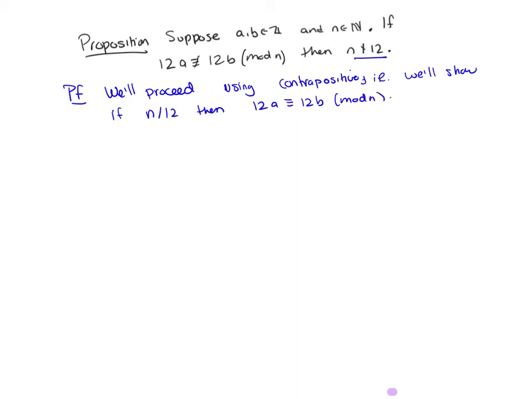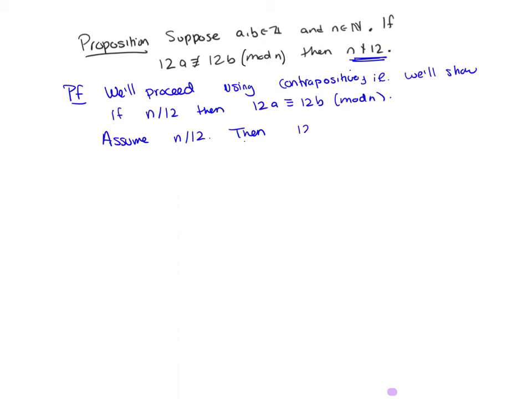Okay, so we can go ahead and assume our if. Assume n divides 12, which remember is the negation of q. Then, let's unpack the definition.